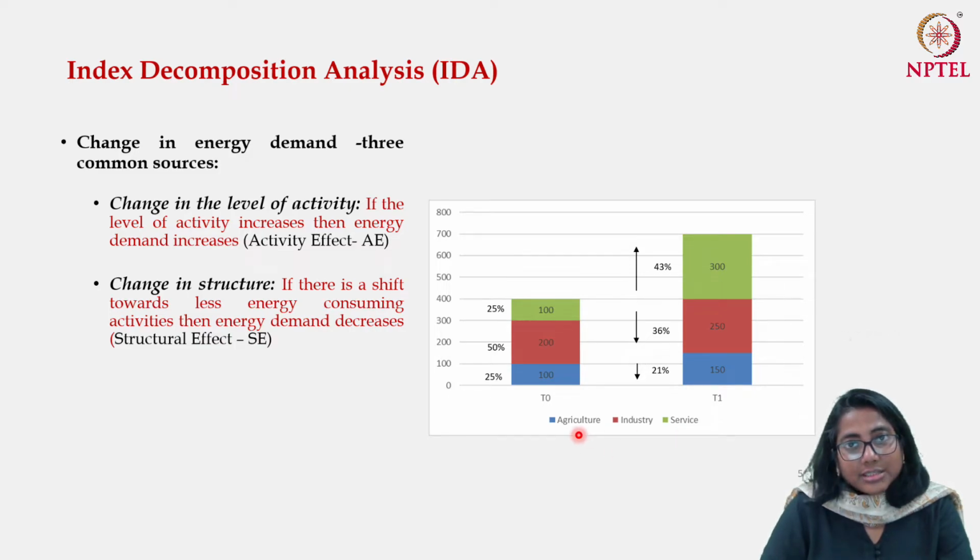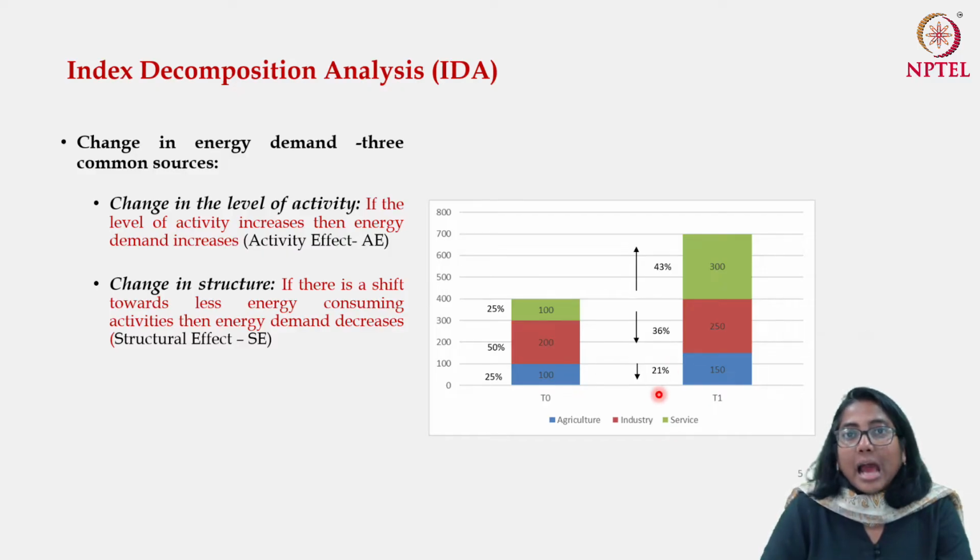Next comes the agricultural sector, and the industrial sector is the most energy consuming sector. So to produce 1 unit of output in the industrial sector, you need much more energy as compared to the service sector or agricultural sector.